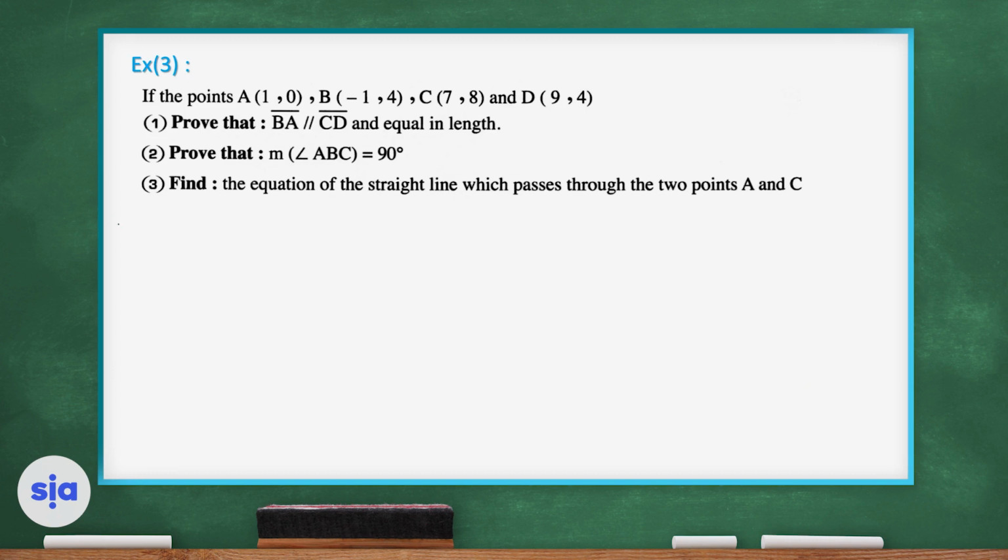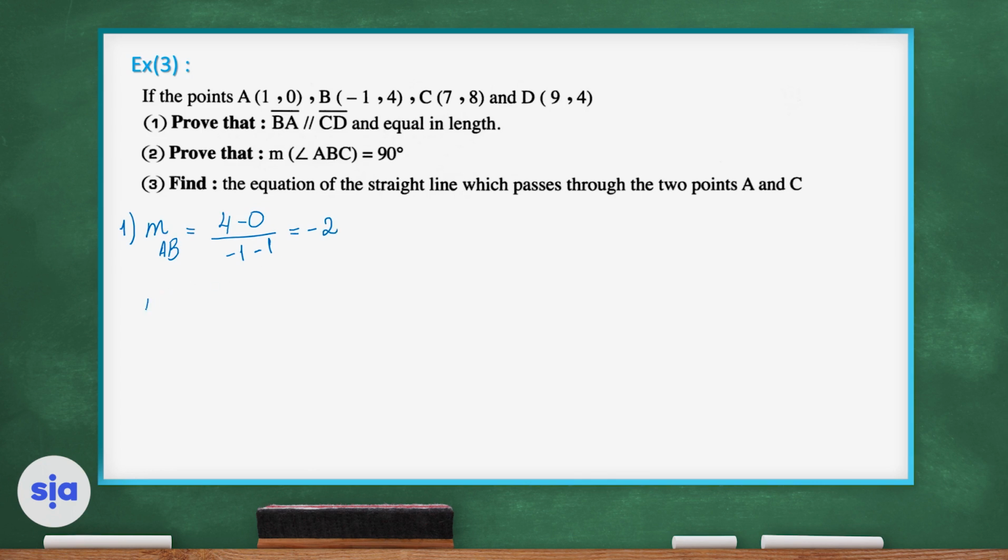In question 1, parallel lines means that they have the same slope. So let's find first the slope of AB. Slope of AB is 4 minus 0 over negative 1 minus 1. That will be equal to negative 2.